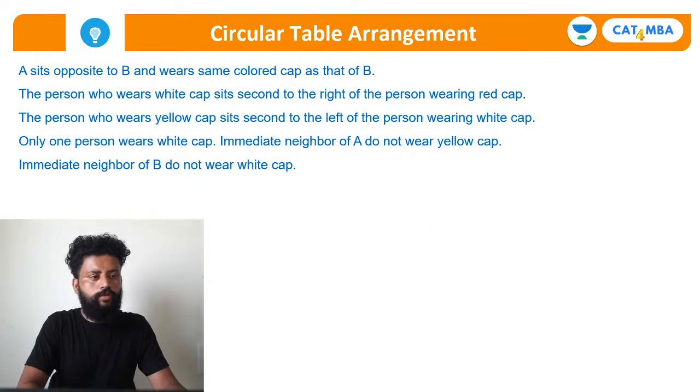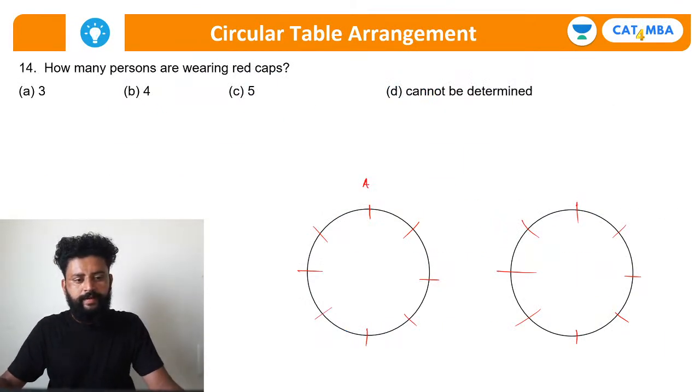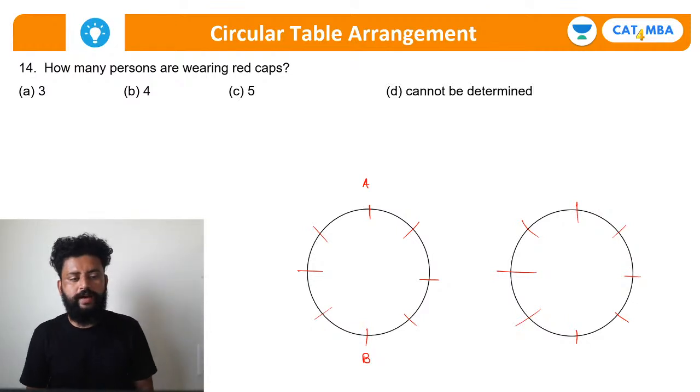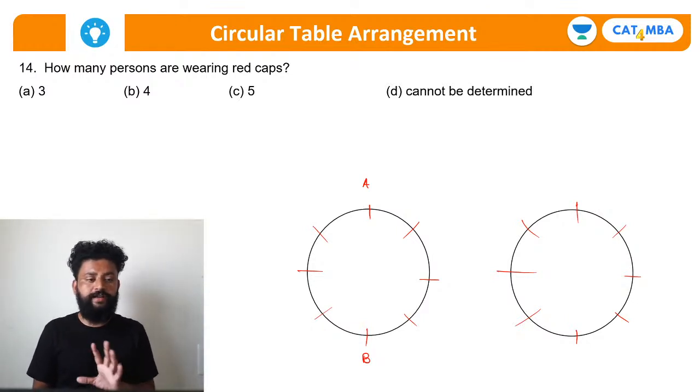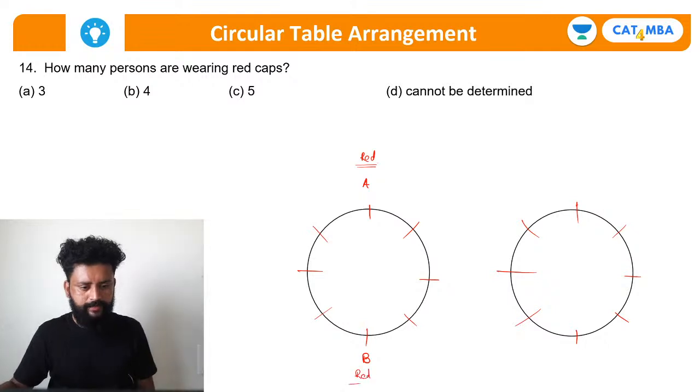Facing we don't know, but let's talk about the positions. A, B, or you can take B, A, that doesn't matter. We're just fixing them opposite, without anything related to left or right. Either both wear a red cap, or A and B are both yellow.